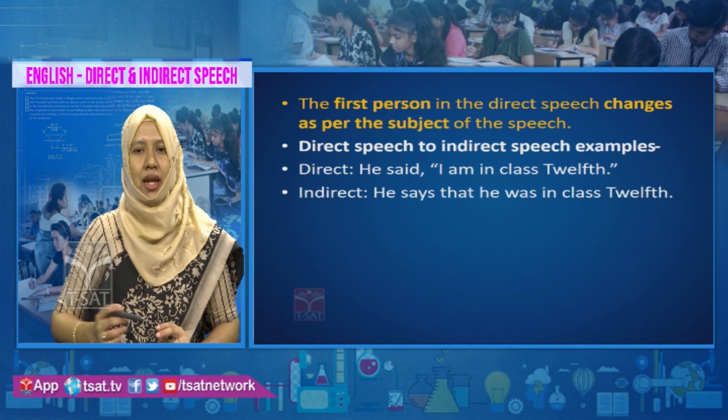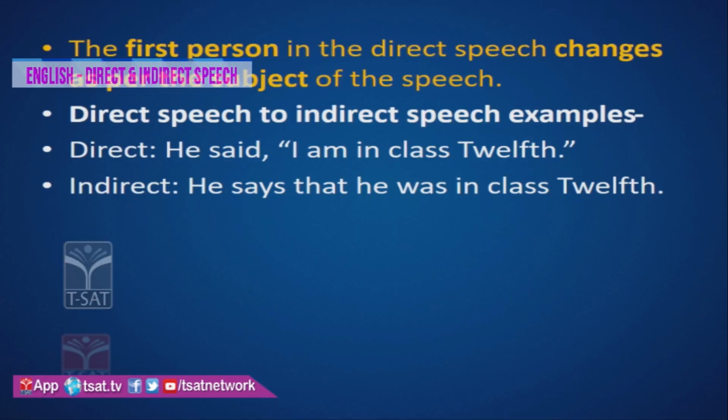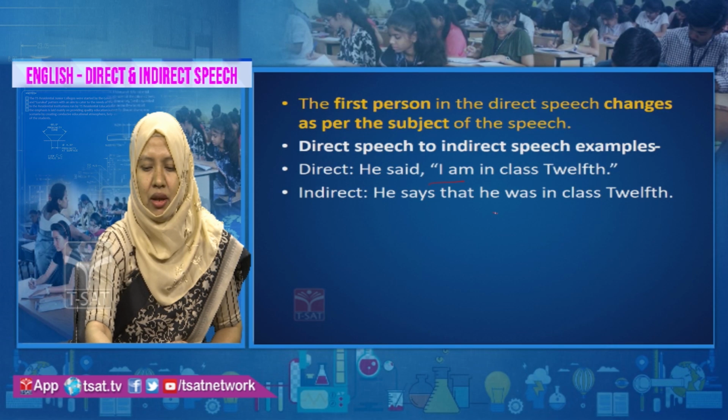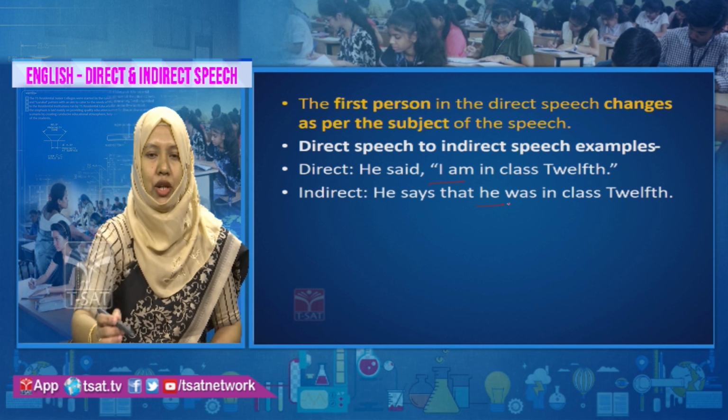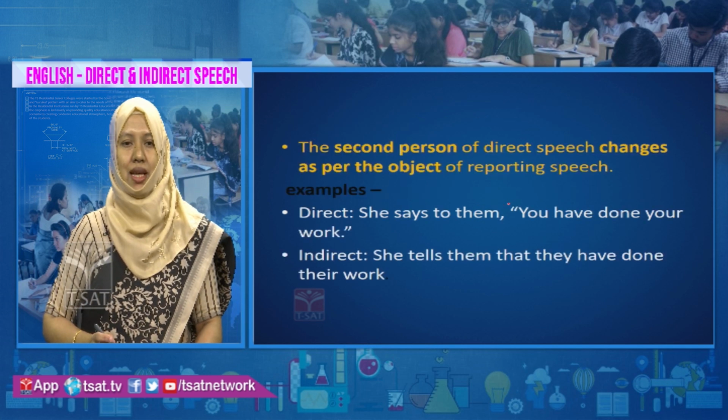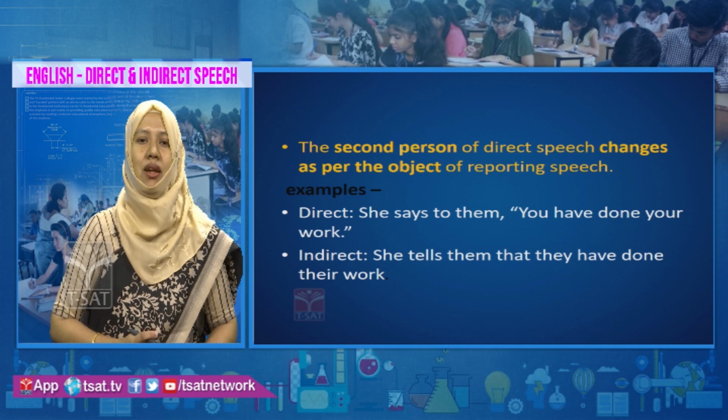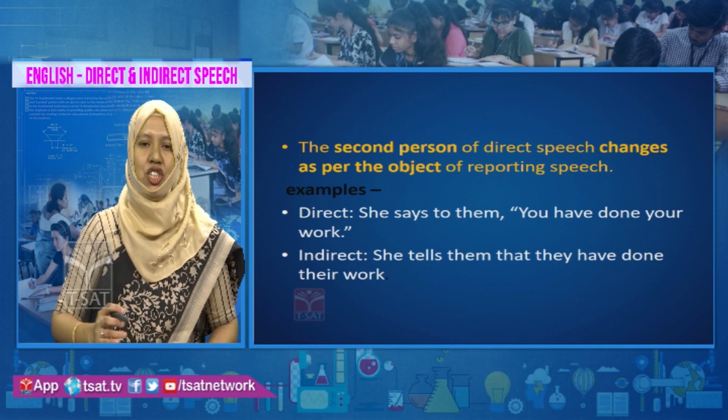The first person in direct speech changes as per the subject of the speech. Example, he said, I am in class 12th. In indirect speech we write, he says that he was in class 12th. Here I is changed to he. This is first person. Now the second person example: she says to them, you have done your work.